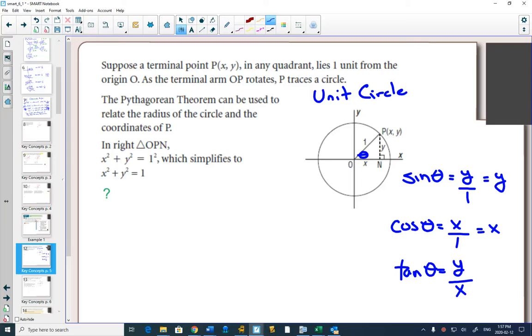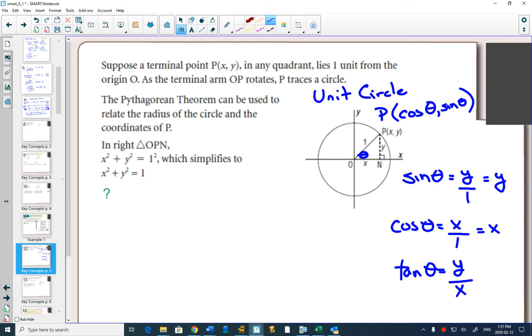Now, the reason this gets a little bit crazy in math is because this point was x comma y. But now we can think of that point, instead of writing x, well, x is equal to cos of theta. And instead of writing y, y is equal to sine of theta.